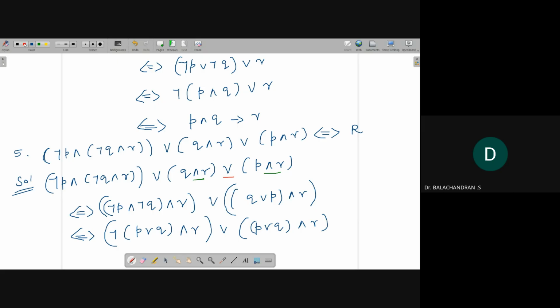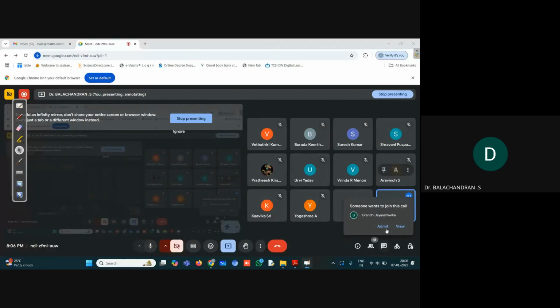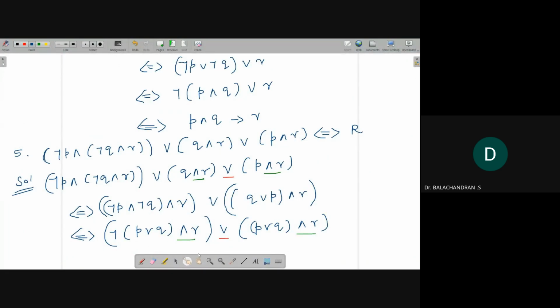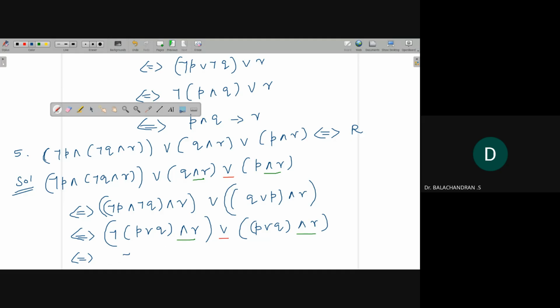Now, so again here you have and R and R. So distributive law. So if I apply distributive law here, so what you will get? This is equivalent to negation of (P or Q) or R. Okay, well, this is what?